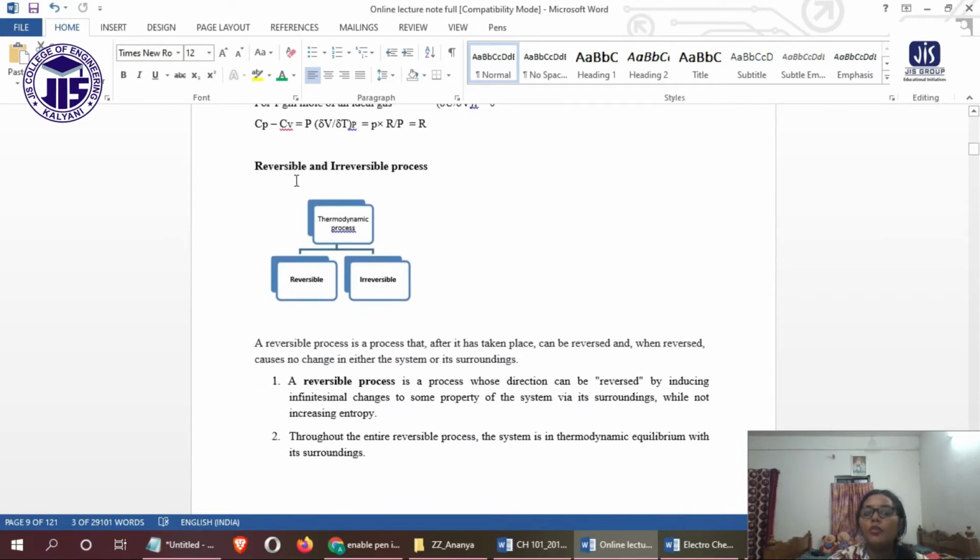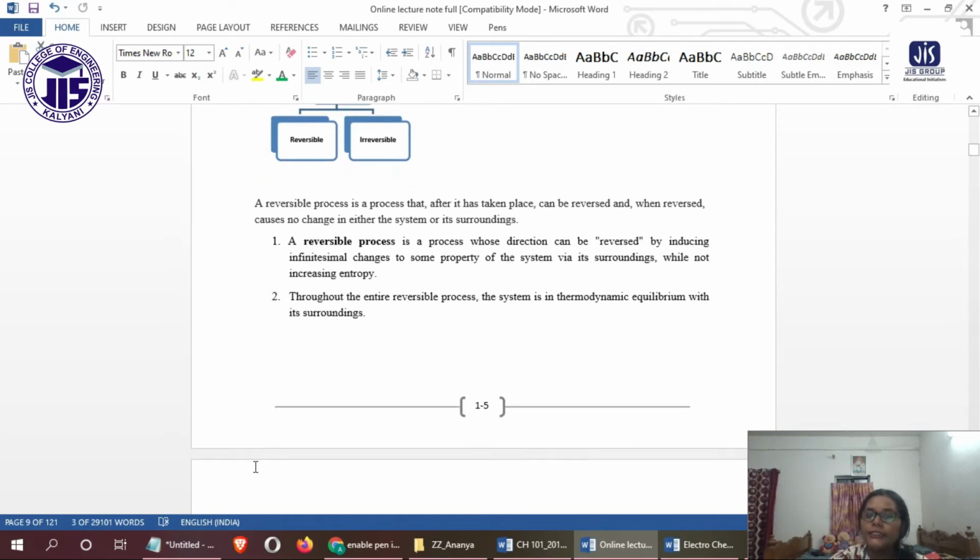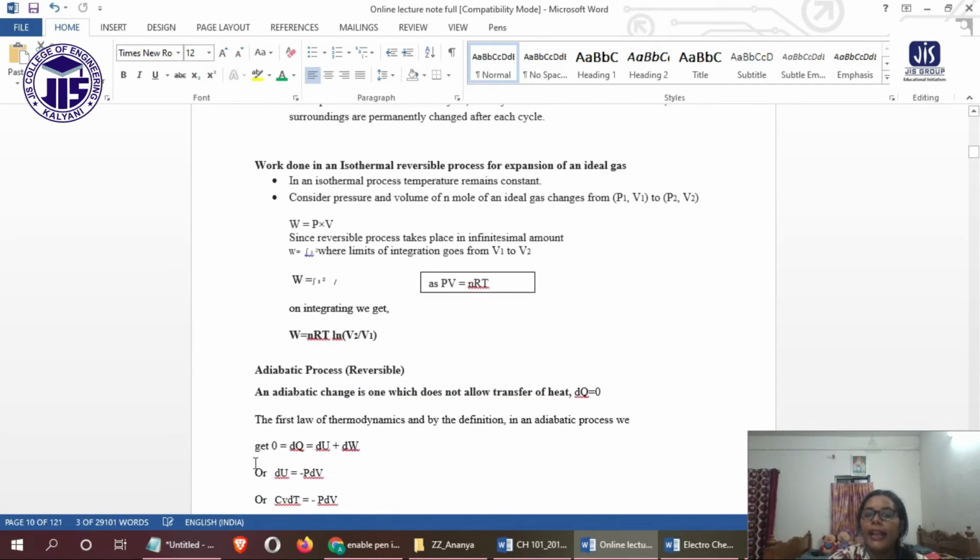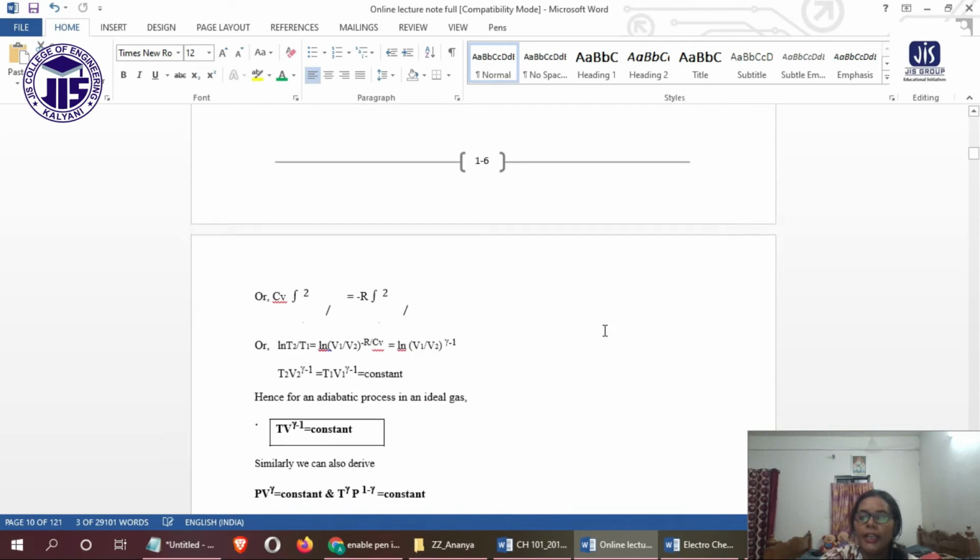Now, we have also discussed the reversible and irreversible processes. Some of the proofs we have done again, that is, for the isothermal reversible process, what the work done will be, and we have derived it.